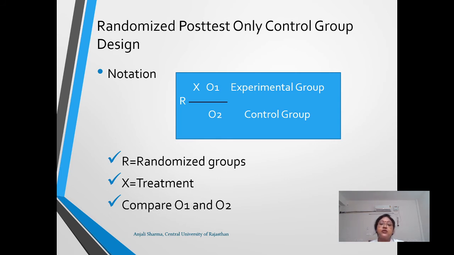O1 is the post-test for the experimental group and O2 is the post-test for the control group. So we can compare O1 and O2 to see the impact of our treatment, given the absence of the treatment in the control group.